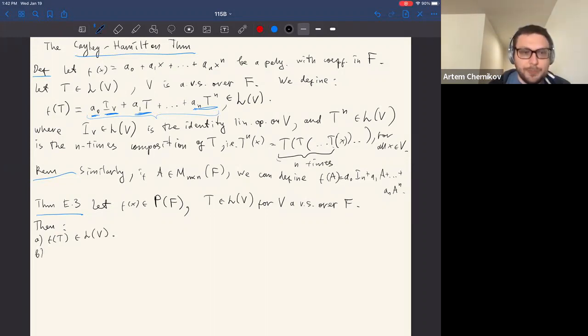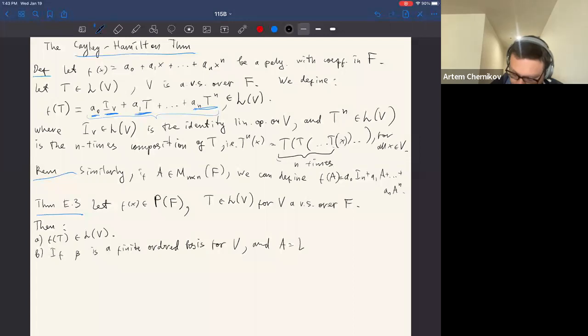This is A. And B: if beta is a finite ordered basis for the space V, and we let A be the matrix representing T with respect to beta, then the matrix representing f of T with respect to beta is equal to the matrix obtained by evaluating f on the matrix A. Yet again, we see that operations on linear transformations correspond to operations on their matrices.